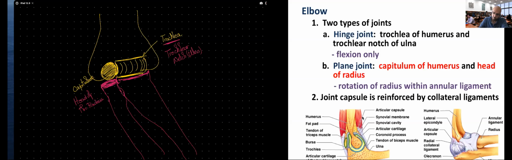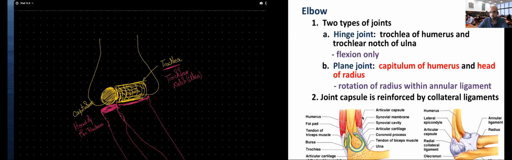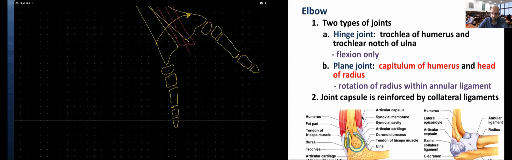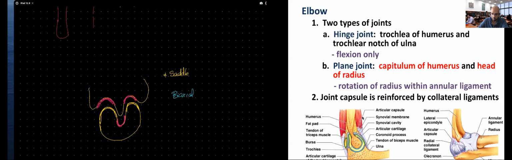What are the types of synovial joints here? If you remember, can you remind me what is the type of synovial joint between this cylindrical shaped articular surface and the concave articular surface? We mentioned it a few minutes ago.